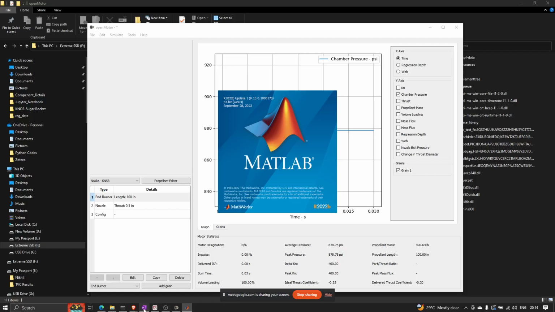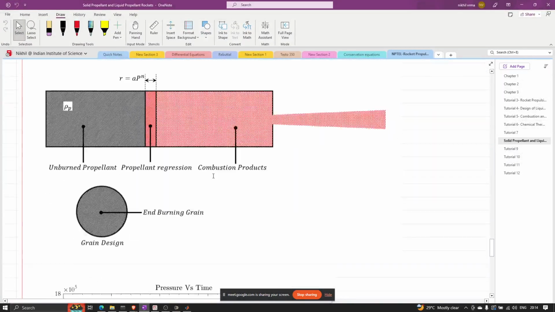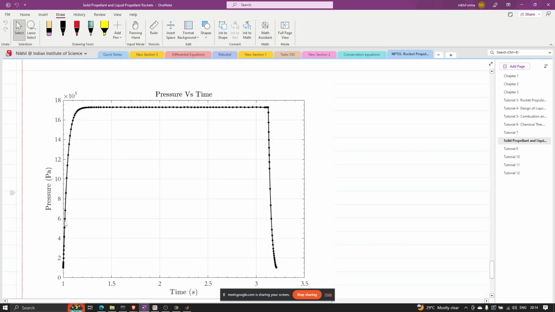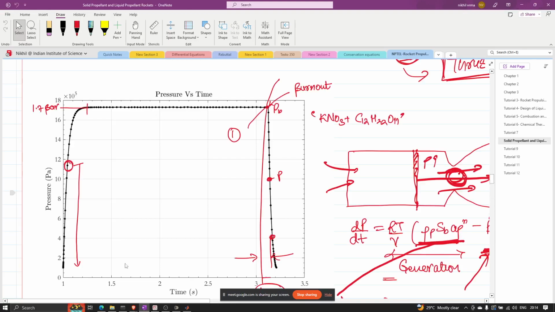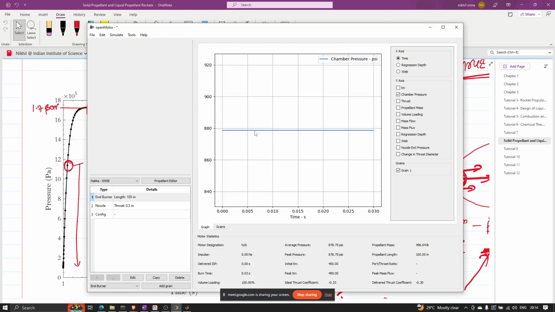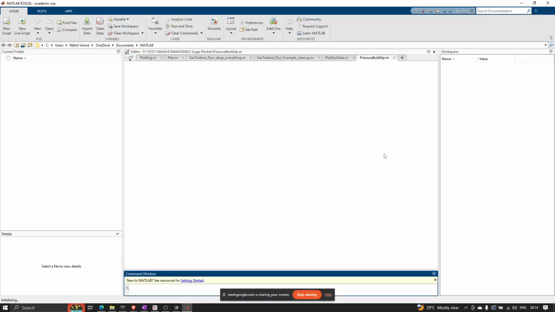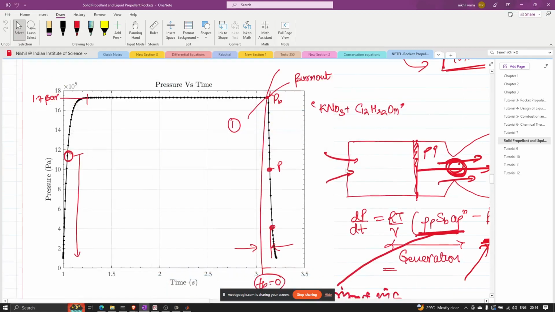This is what I have shown you here. The code we have written takes into account the initial transient. Whatever the code is showing there, this is what we calculate using the equilibrium.